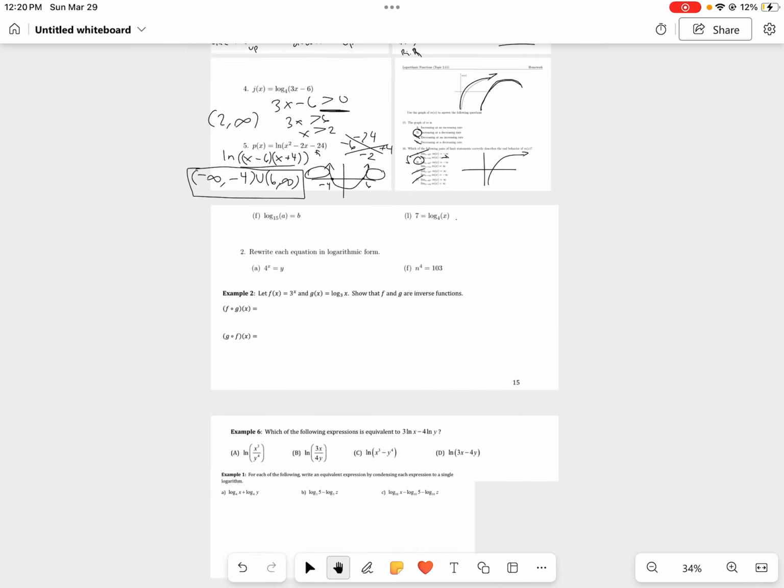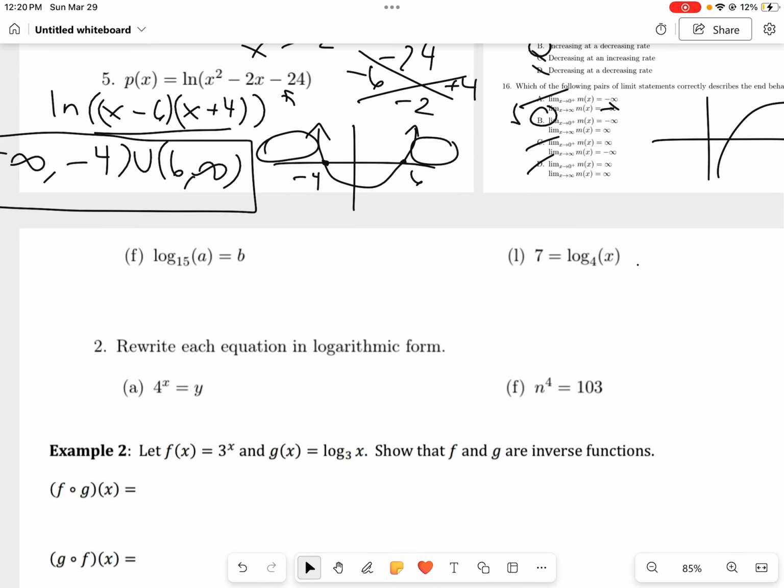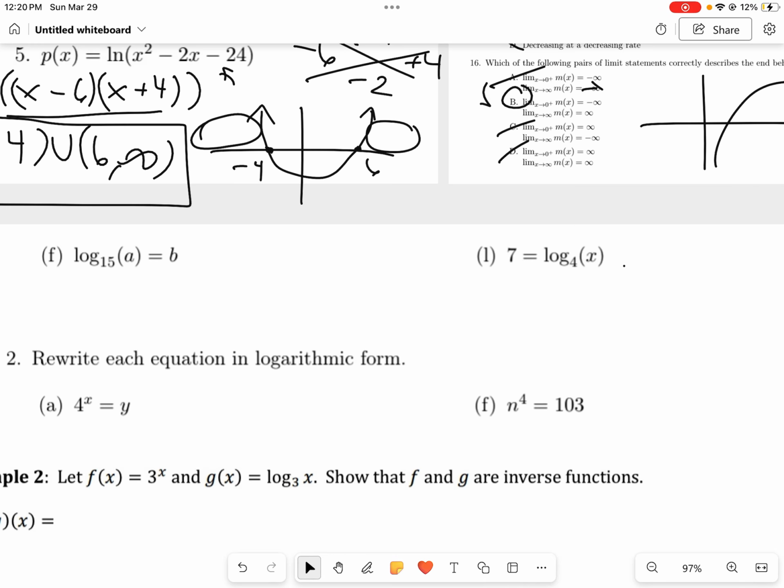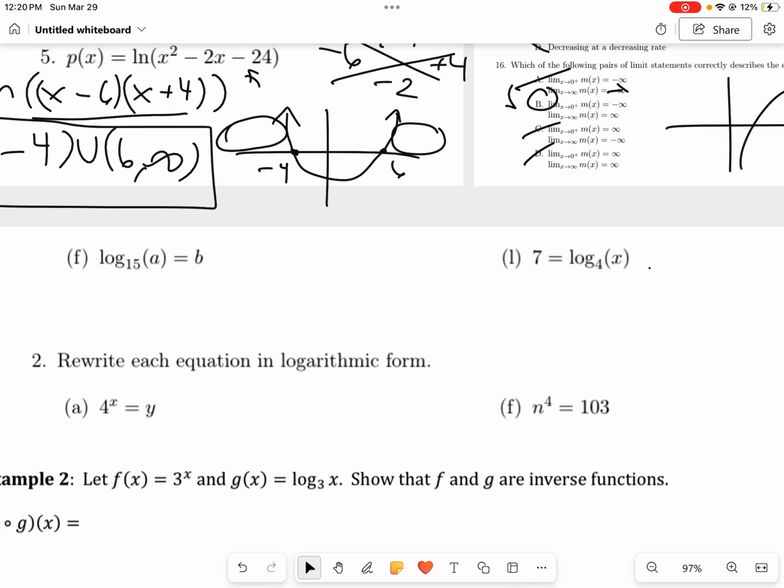Okay, so what else do we have? We have these ones, which, okay, well, it tells us to do something. I don't know, I keep cutting out the instructions to problems, so I don't know what it's telling me to do. But it says, is it wanting me to write it in log form or exponential form?